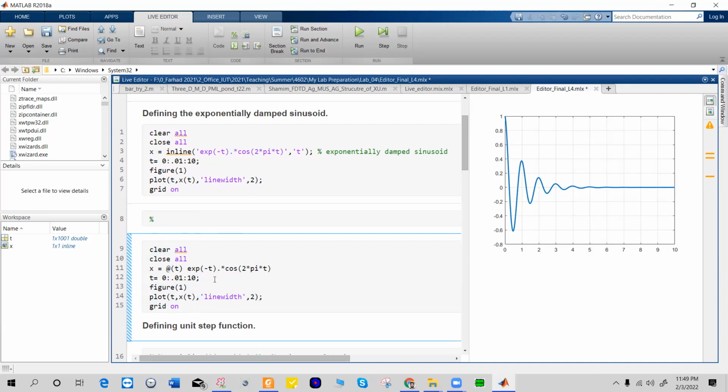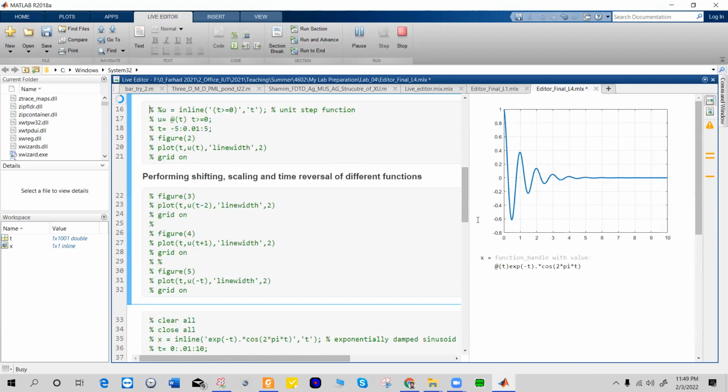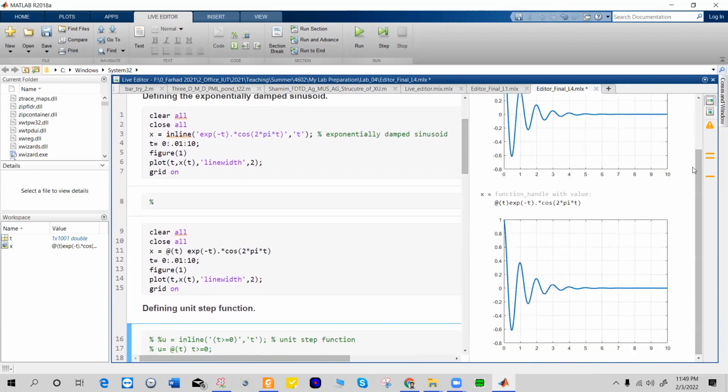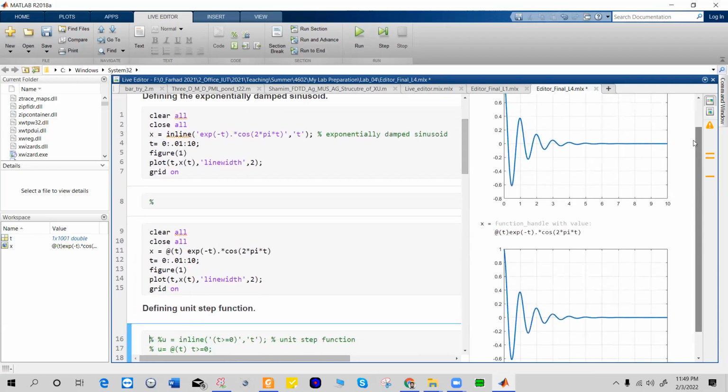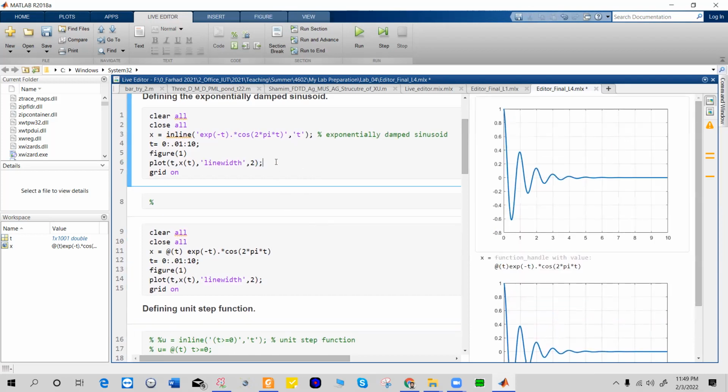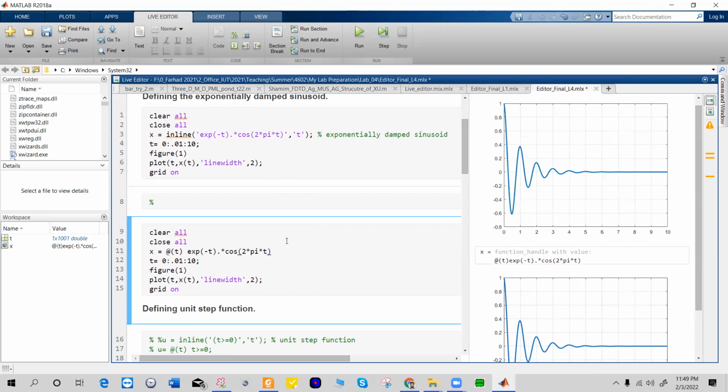Here you are saying that t is your variable, and then the same function we have just defined. So both cases will give you the same results. You can see that for both of them you have the exact same result. The intention was to tell you that you can define your function in different ways. So we have shown you two ways there.